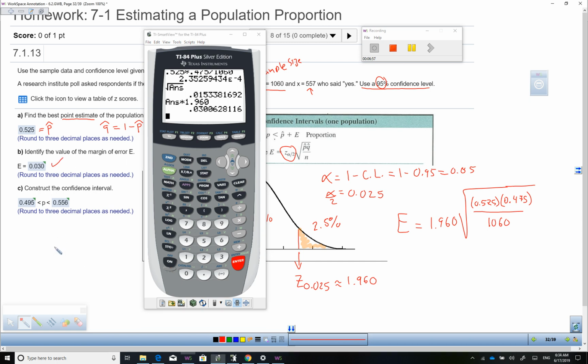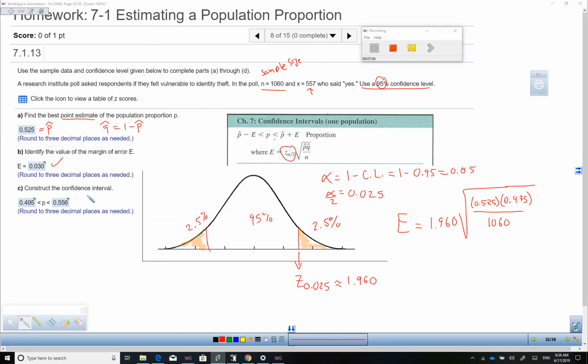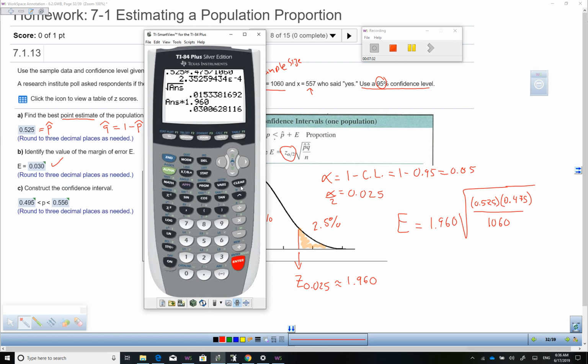Okay, so the next part, it says construct the confidence interval. Well, the formula for the confidence interval is this. It's p hat minus the margin of error, that's the lower limit, and the upper limit will be p hat plus the margin of error. So let's take these values from the previous steps, and let me clear the home screen.